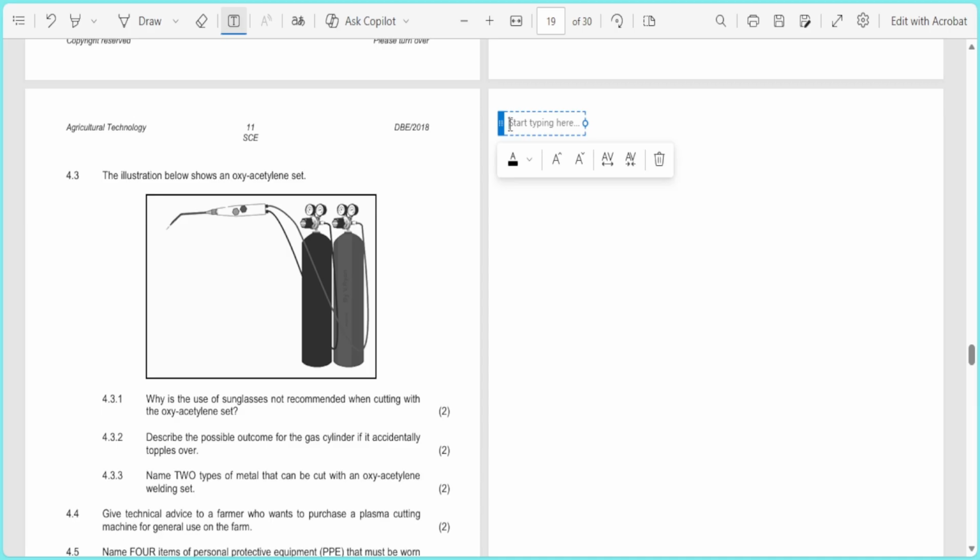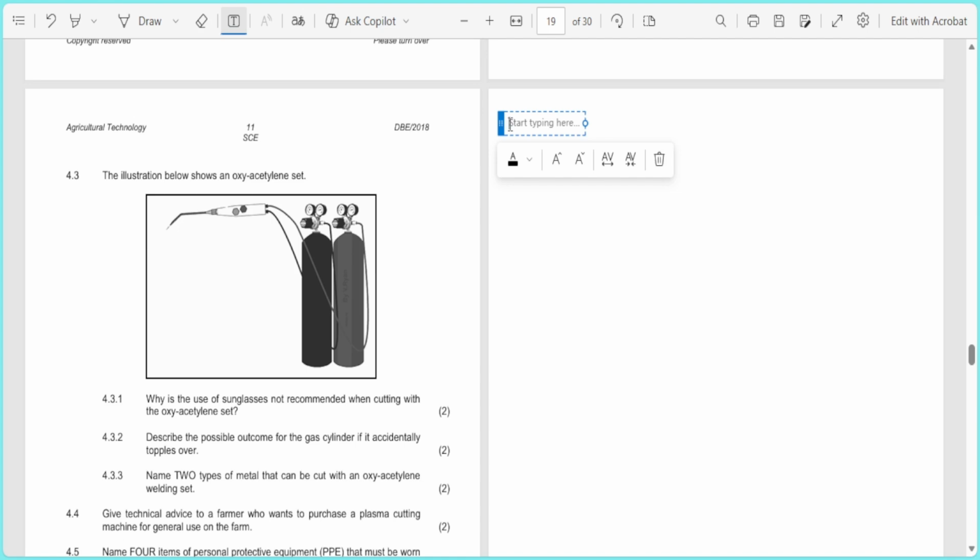So you're not just going to use any sunglasses that you have in your wardrobe. There's a special kind of glasses used when doing welding or using something like oxyacetylene.